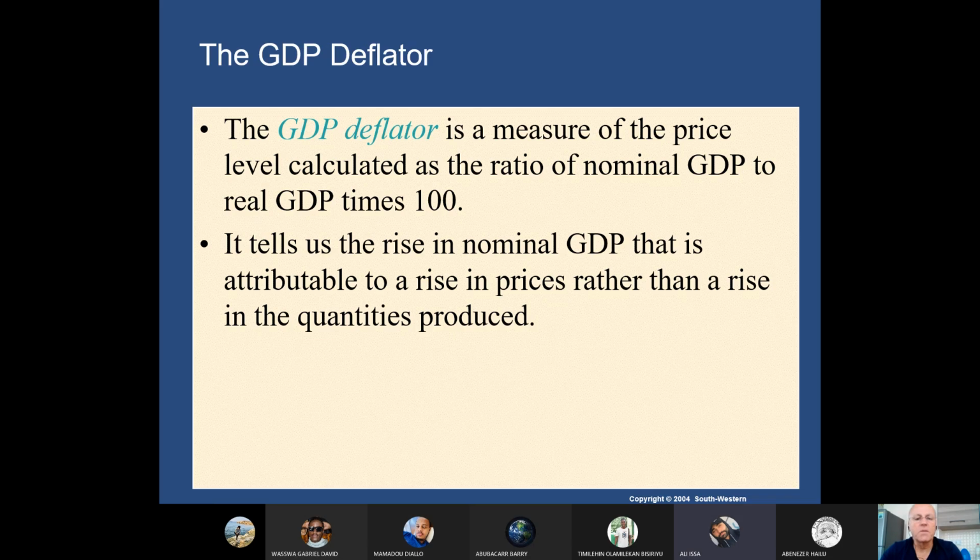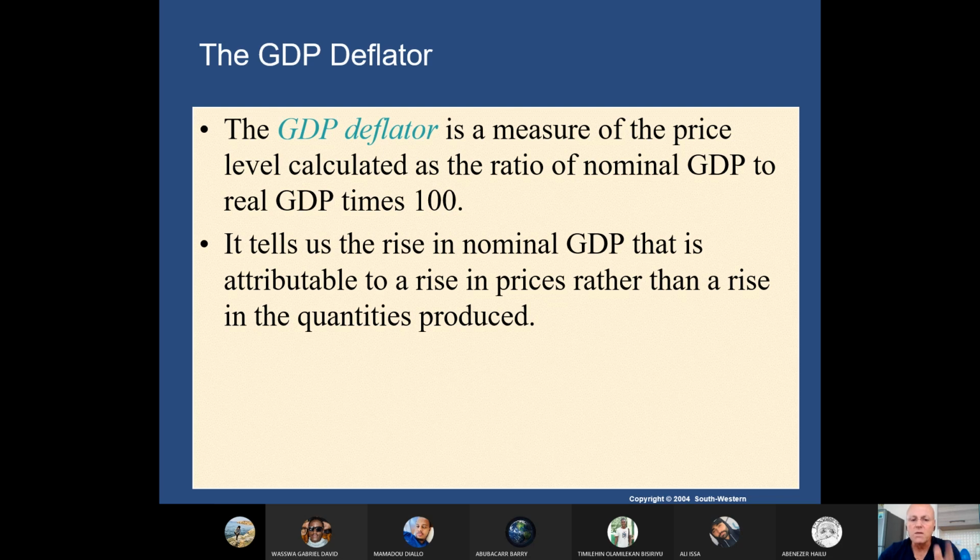Now the GDP deflator we have here. The GDP deflator is the measure of the price level, calculated as the ratio of the nominal GDP to the real GDP. You use it for correcting these differences and disparities, because, as I said, if you are not correcting nominal and real GDPs, you are not able to determine whether the economy is improving or not.